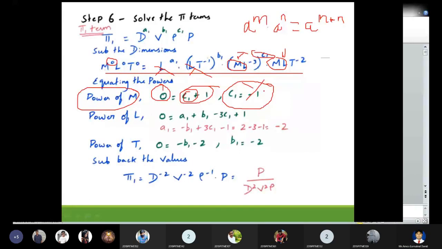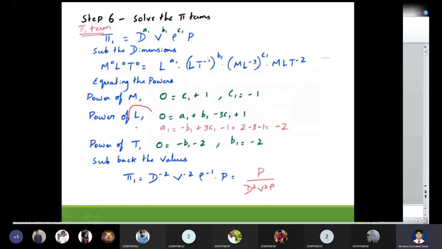Next, power of L. On the left hand side it is 0, on the right hand side there's a power of L here, a1. I've written a1. Then over here there is 1 L. For this the power is 1, and the power of that is b1.